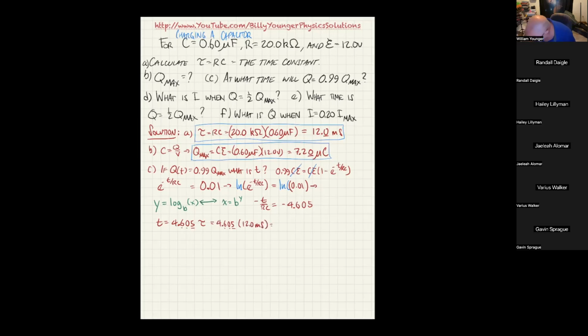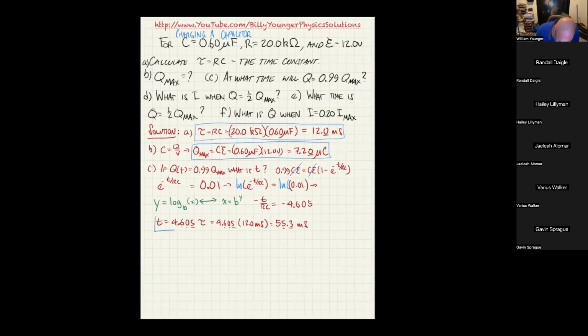So if I take 4.605 and multiply it by 12, I get 55.3 milliseconds. But again, technically with sig fig rules, I'm only supposed to have that as roughly 50 milliseconds. But I'm not about to write an answer that's stupid, so I'll just leave it here. Any questions on that one?